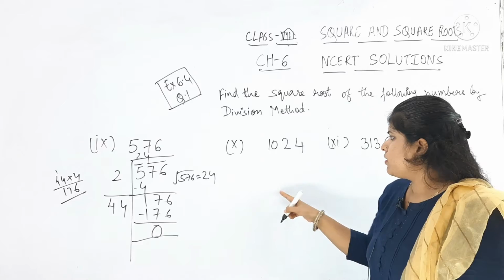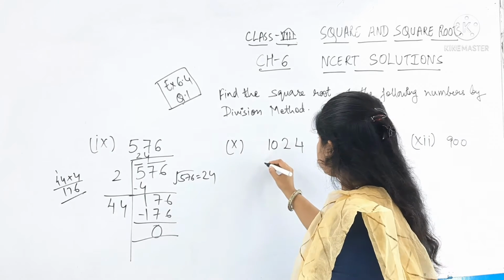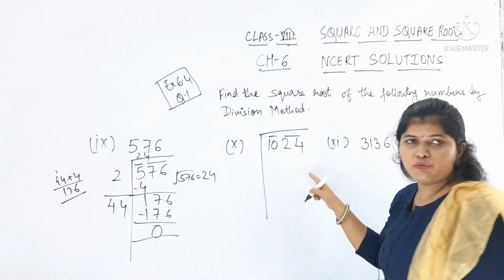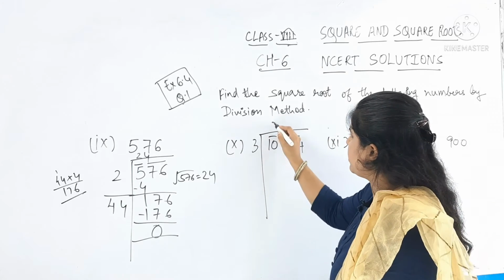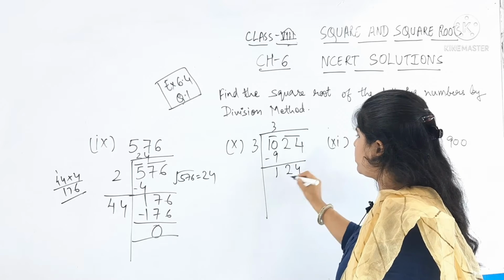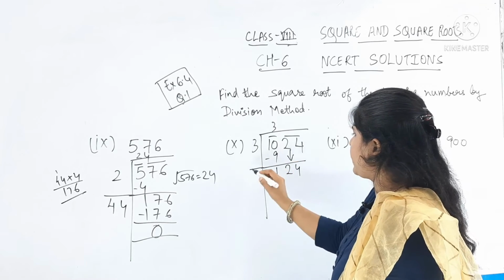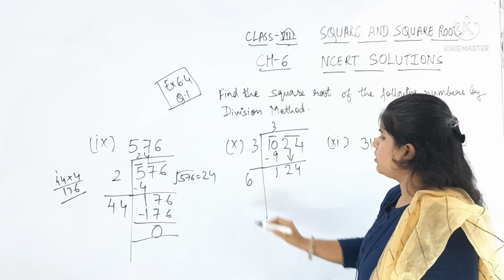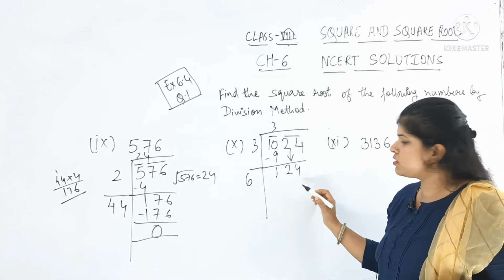Okay. Now in the 10th question, this is 1024. Like this you have to pair. Then 3 3s are 9. 10 minus 9 is 1. 2, 4 we bring down. 3 plus 3 is 6. Now we will check in which square we have the last digit as 4.